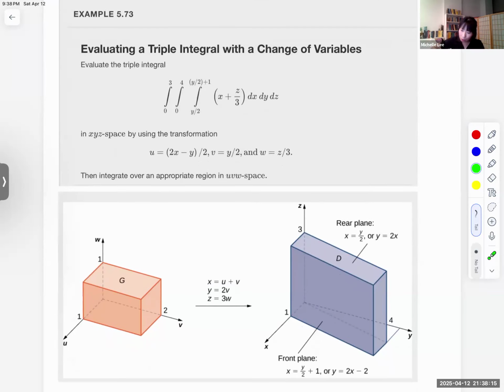Okay, so we want to use u equal to (2x minus y) over 2, v equal to y over 2, w equal to z over 3. Okay, so let's find out this one. This means u equal to 2x over 2, which is x, right?